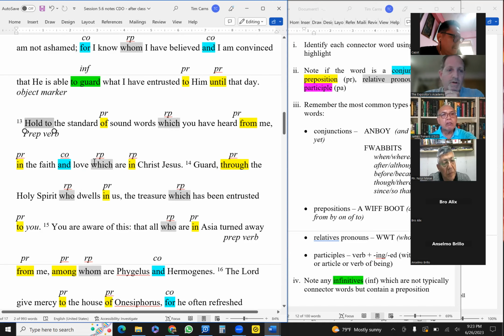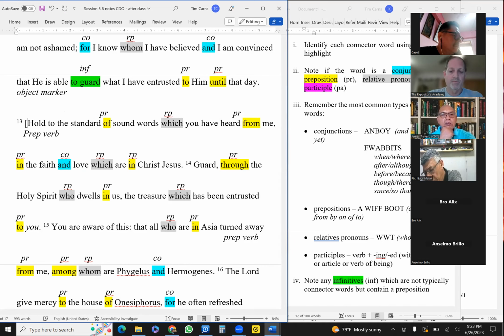With these prepositional verbs, you treat both words, hold to, as the one verb. It's the whole verbal idea. So yes, it is almost a verbal phrase, because it's more than one word. So what you would do in the diagram for this is, hold to is my verb.